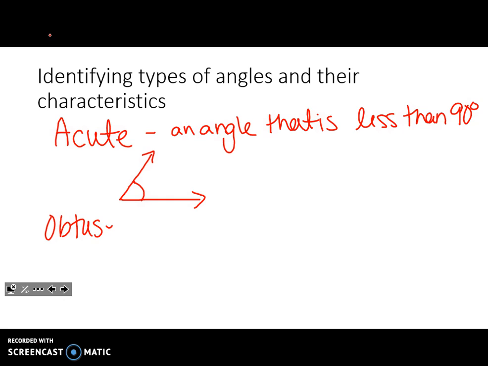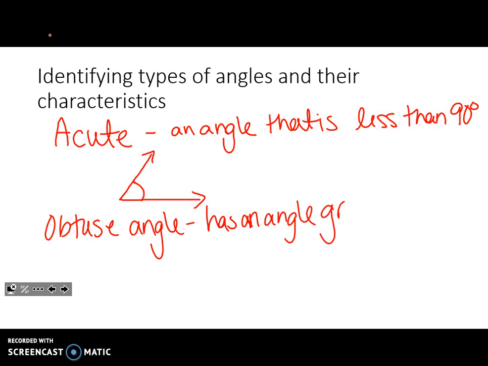Exactly opposite of that is an obtuse angle. An obtuse angle has an angle greater than 90 degrees.